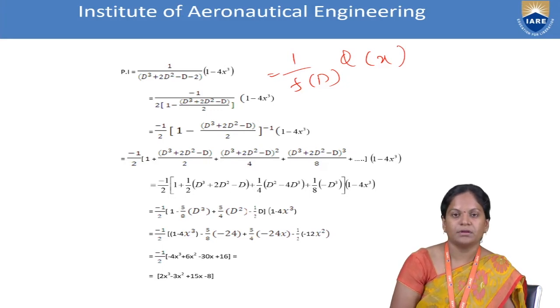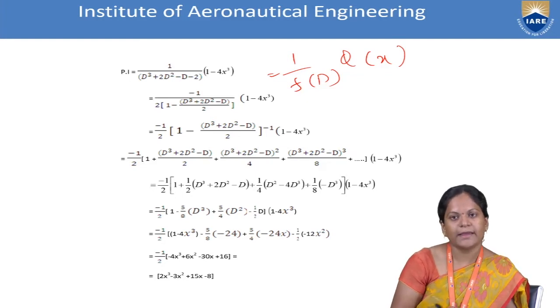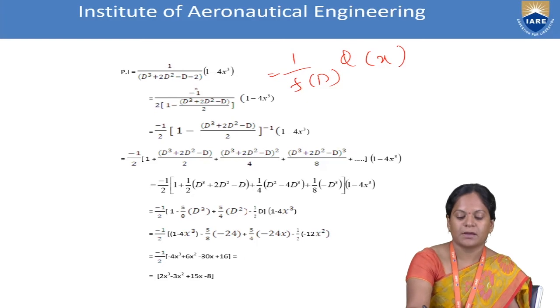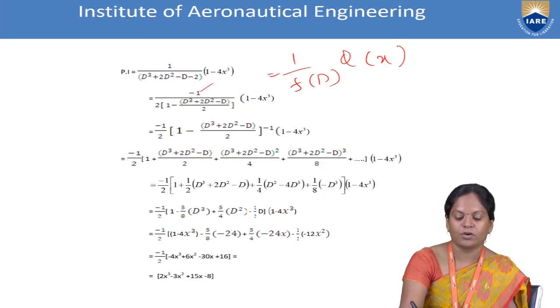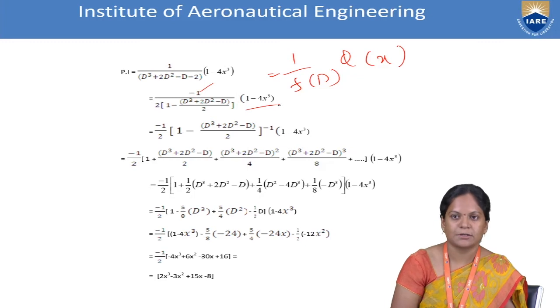So what is the case in this? Whatever f of D, take the least term common from that f of D. Here the constant term in f of D is minus 2. Take minus 2 common, so minus 1 in the numerator and 2 in the denominator. We have 1 minus (D cube plus 2D square minus D) by 2, into q of x as it is. Don't disturb anything.